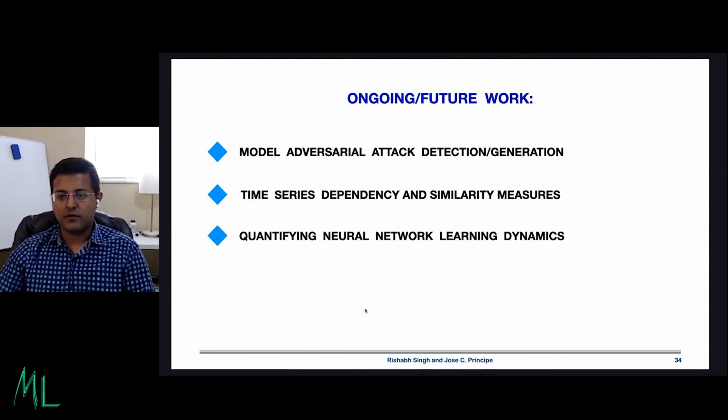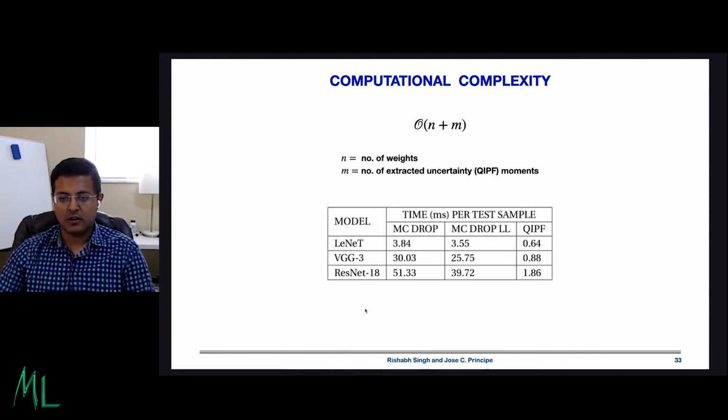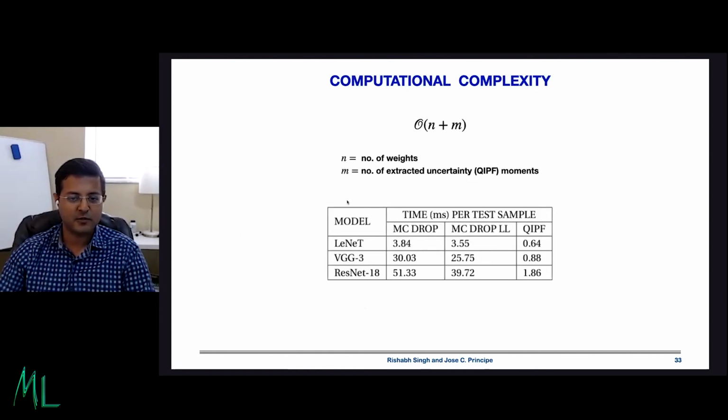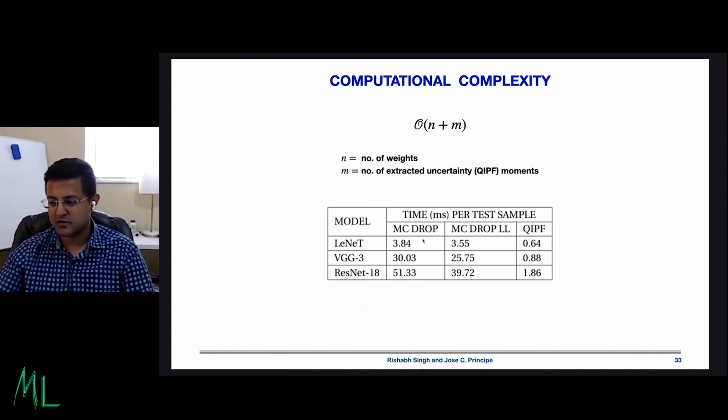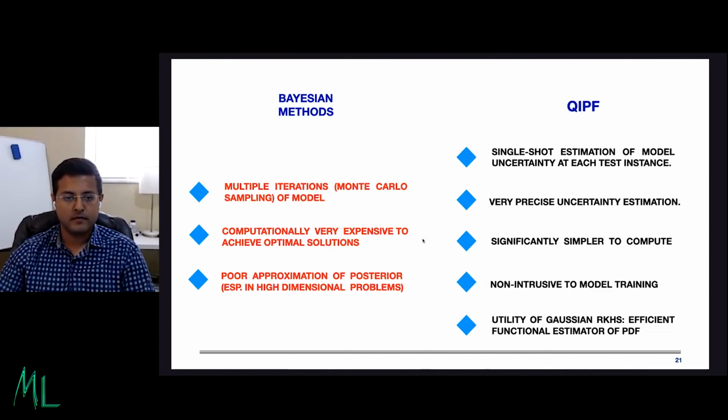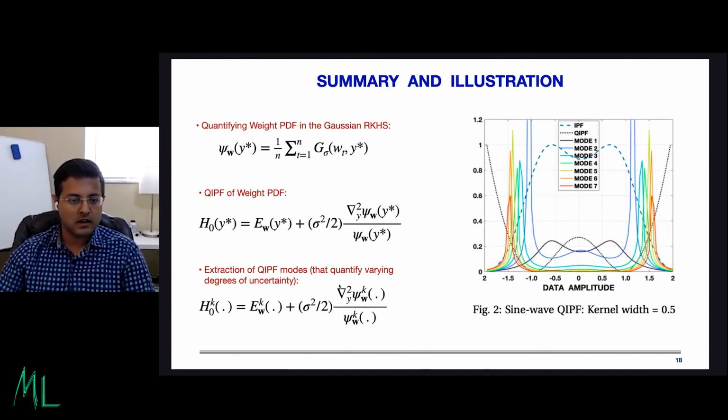And of course, like any other algorithm, there are some disadvantages. I left out that slide for some reason. But the disadvantage of this framework is that you have hyperparameters associated with it, that is the kernel width and the number of modes. So you have to have some kind of validation to know what the correct value of the kernel width, that is sigma, should be, and how many modes you need.